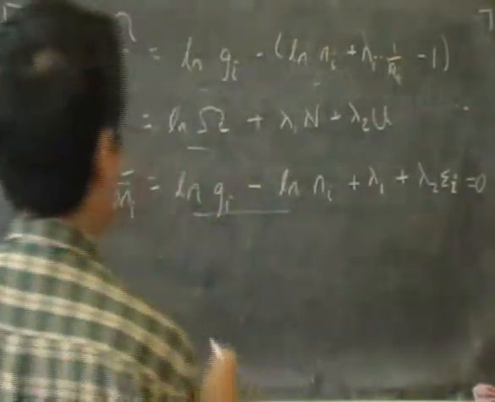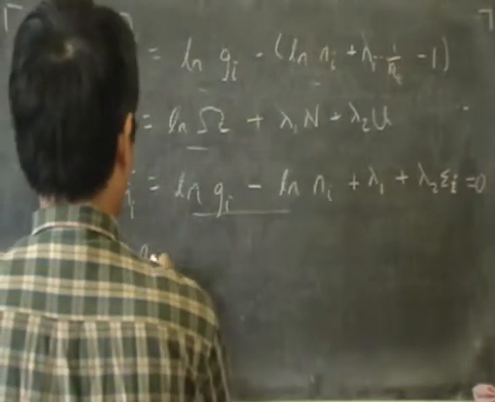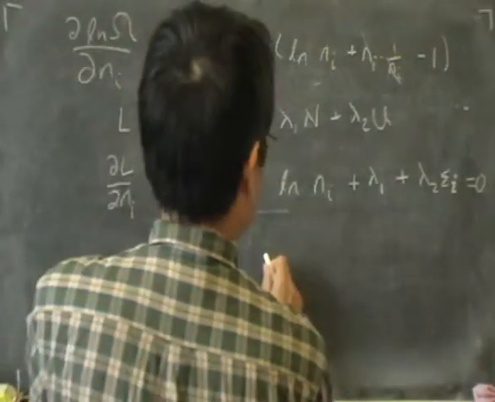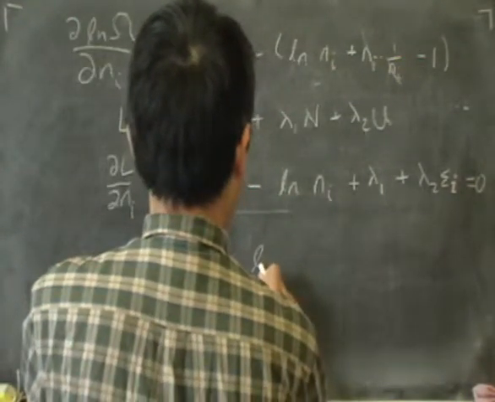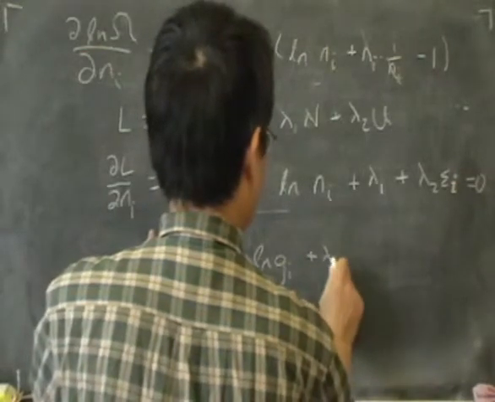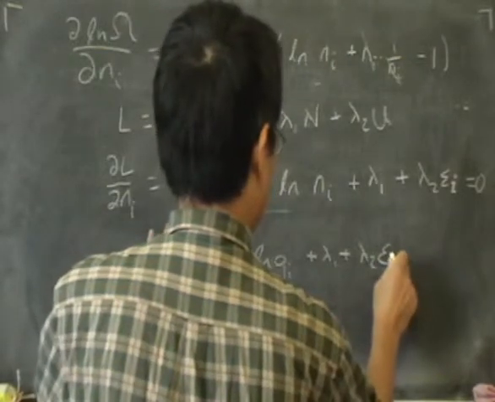Now if you rearrange this, we get log of ni equals log of gi plus lambda 1 plus lambda 2 ei.